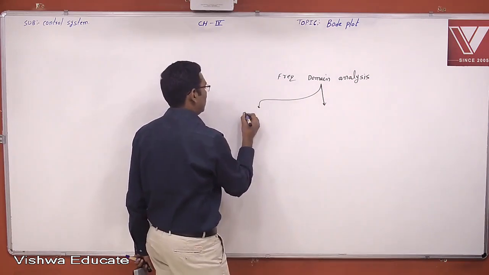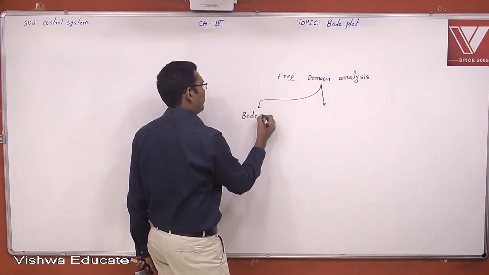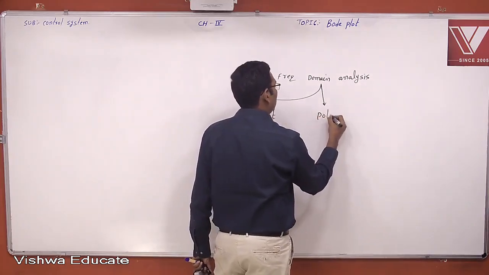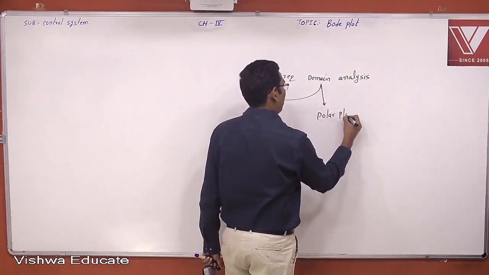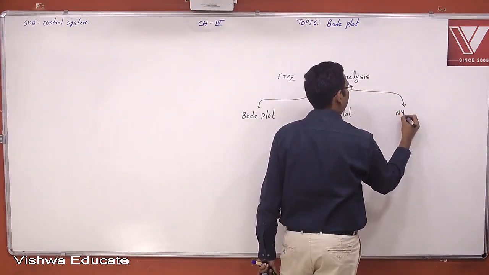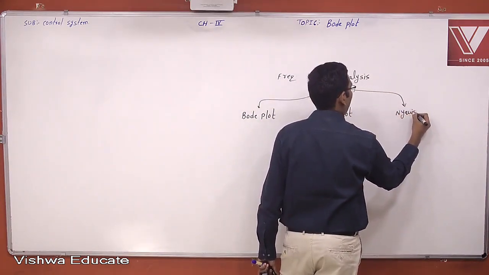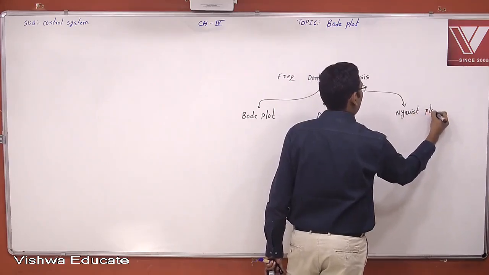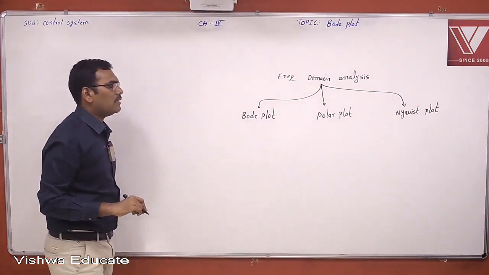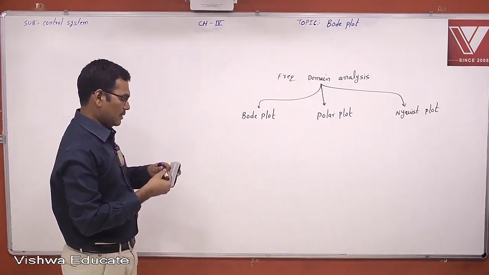One is the Bode plot, another one is the polar plot, and another one is the Nyquist plot. These are the three frequency responses of the systems, or these are the three frequency domain analyses.